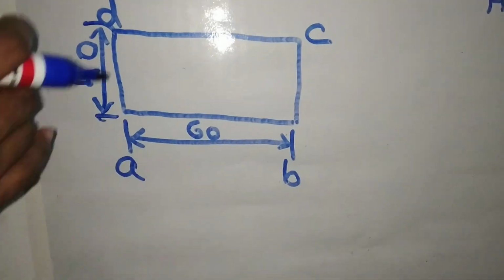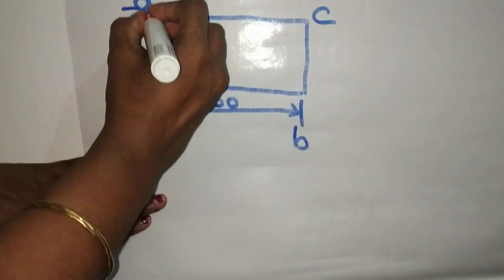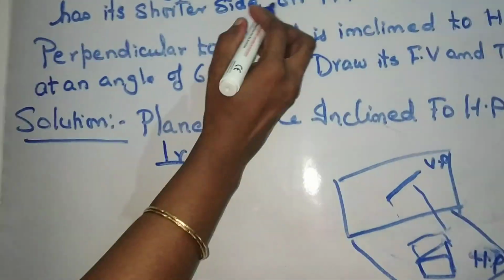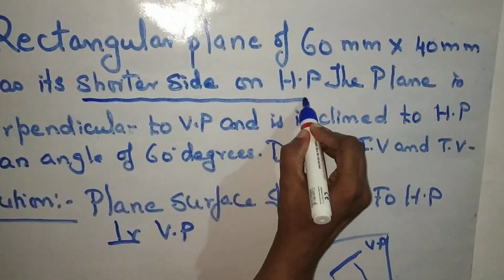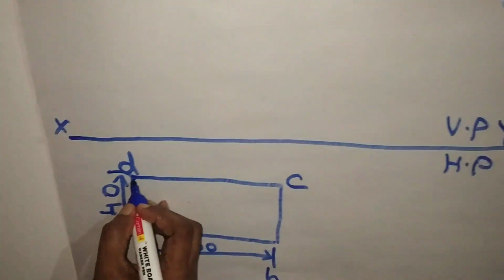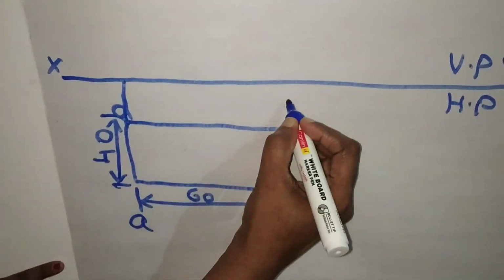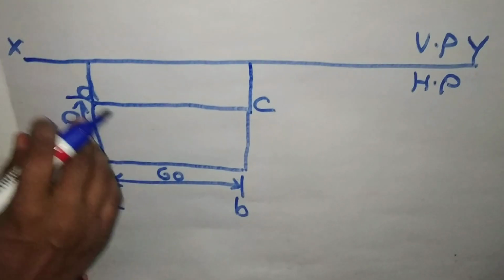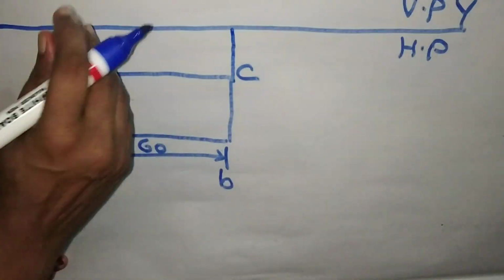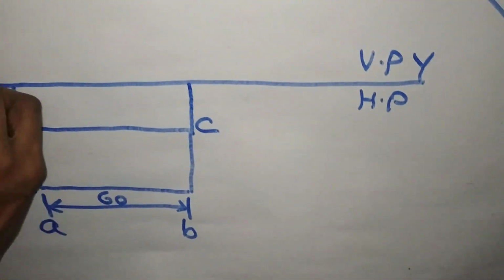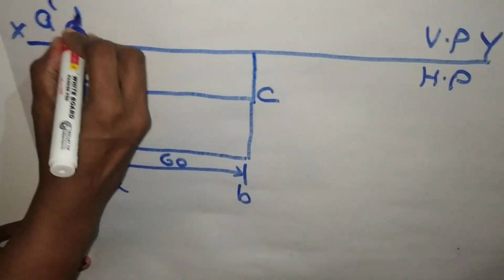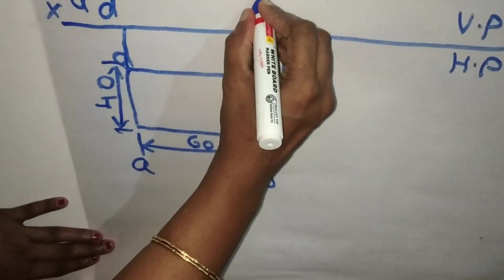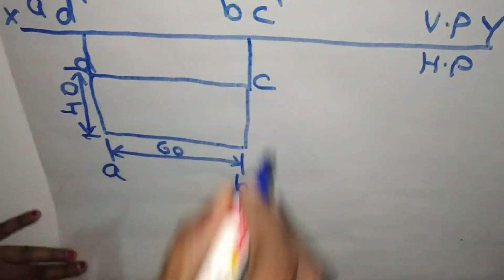Now, when I project it, it's given that one of the shorter sides is on HP. Being on HP means that whatever the projection, it should be on HP itself. So the front view of the given plane surface will be A dash, D dash, B dash, C dash.